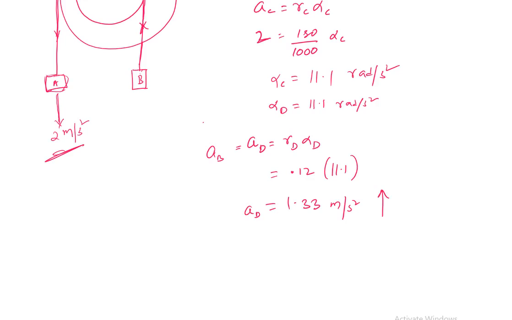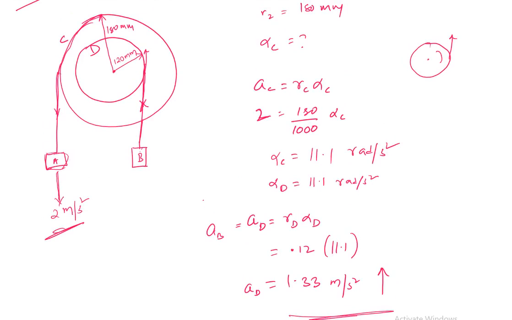Because it is a vector, we have to give the direction. As you pull this rope down, this block would go up.